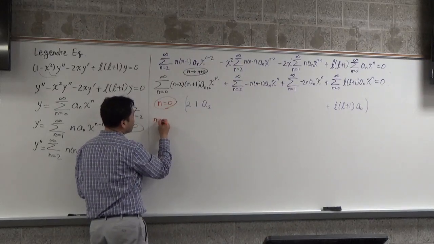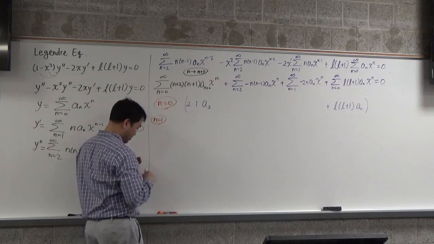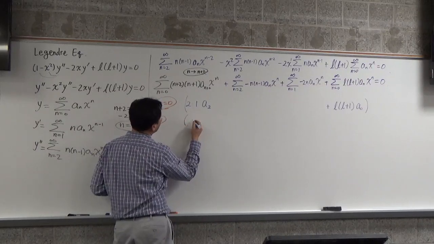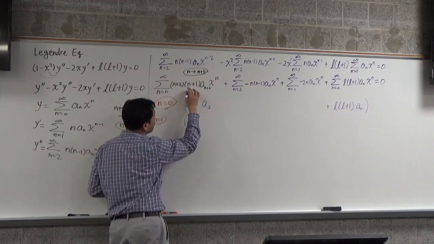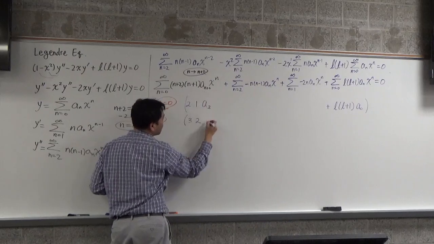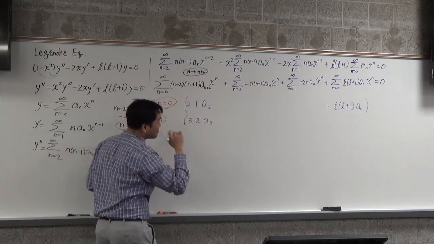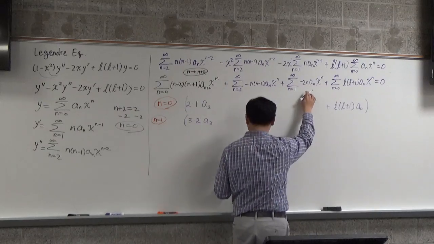And n equals to 1, let's see what we get. When n is 1, 1 plus 2 is 3, so I put 3. 1 plus 1 is 2, 3 times 2. 1 plus 2 is 3, a3. Does this produce anything? No. How about this one?